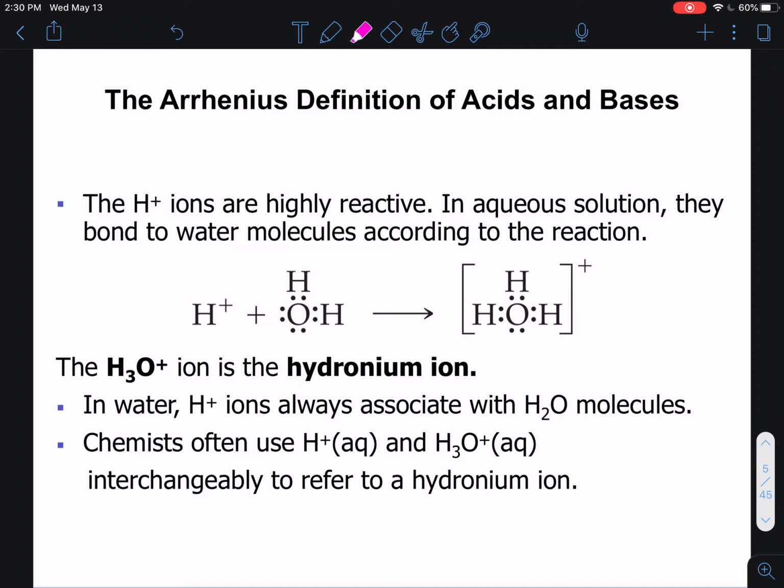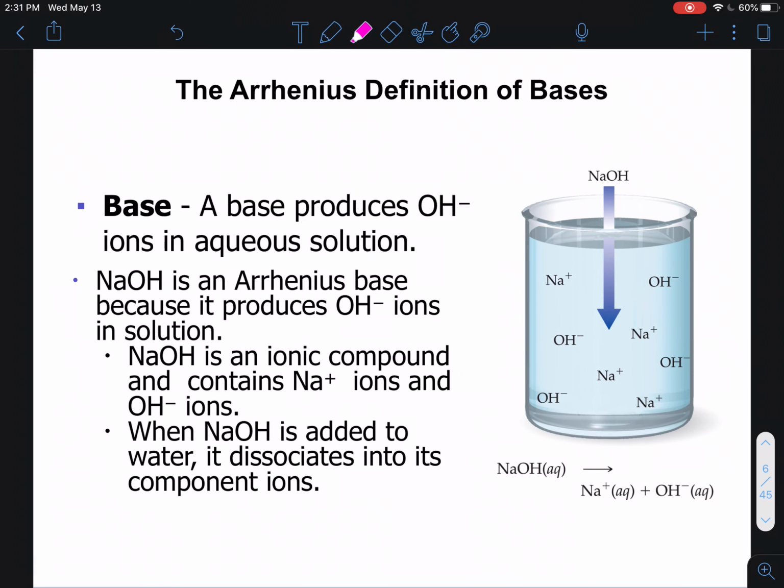This is called a hydronium ion. Just to let you know, chemists often use H plus and H3O plus interchangeably when they are referring to a hydronium ion. But this is actually what really forms in aqueous solutions with Arrhenius acids: hydronium ions.